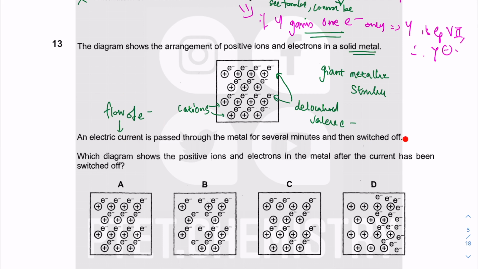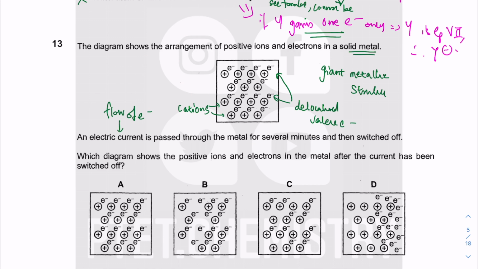In your checkpoint questions, we know that for the flow of electric current, it's the electrons that move around. It's the free electrons in metals that allow the conduction of electricity. The cation does not move. The cations do not get replaced, but the electrons move around the circuit, so the sea of delocalized valence electrons get replaced every now and again for as long as the current flows through.